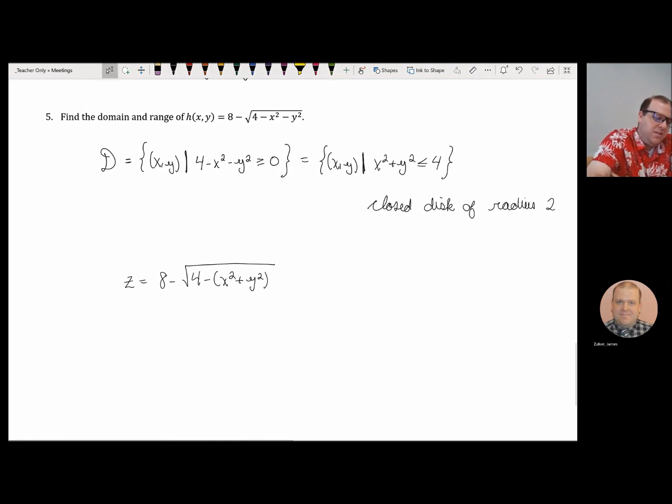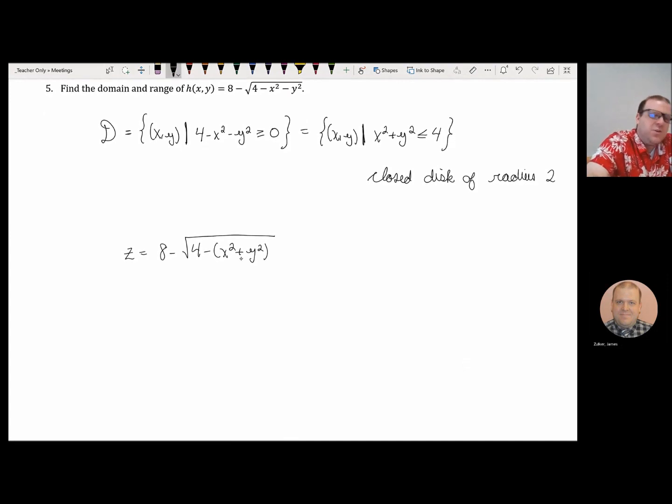Well, we know all the values we can have for x squared plus y squared. 0 to 4, right? It's obvious that it's going to be not negative. So if this whole thing is 0, we get what? 8 minus root 4, which is 6. That whole thing is 4. We just get 8 minus root 0, 8.